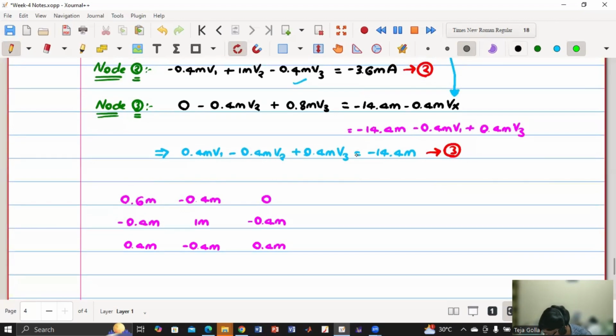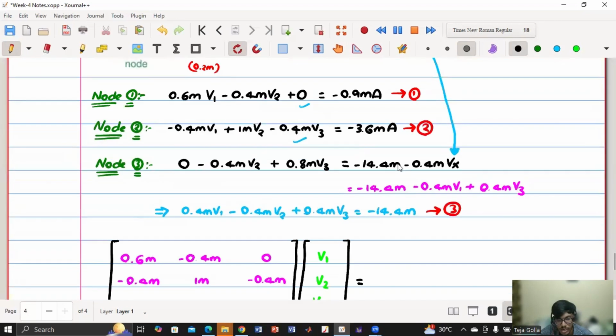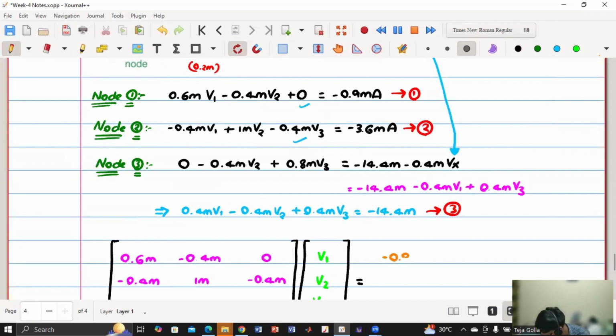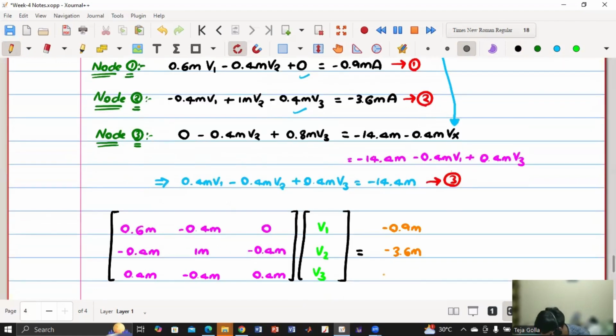This is our conductance matrix multiplied by V1, V2, V3. This gives us the RHS, which is minus 0.9 milli, minus 3.6 milli, and minus 14.4 milli. So is it clear until this point?